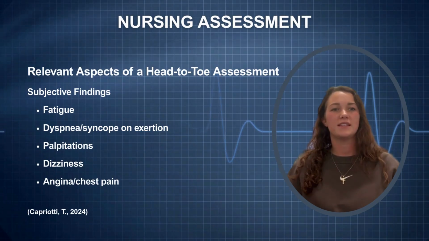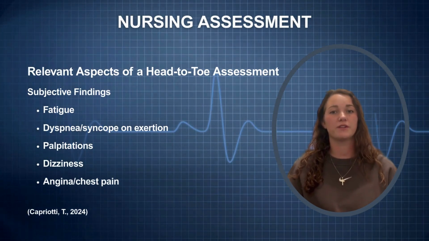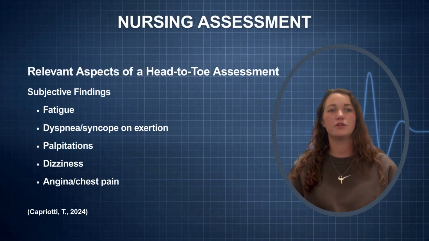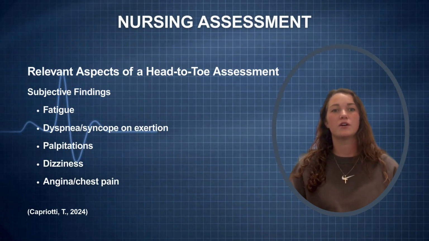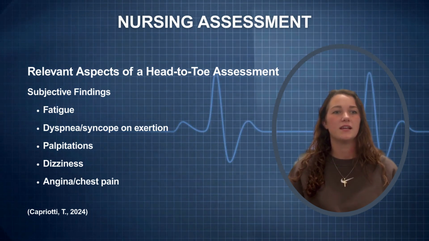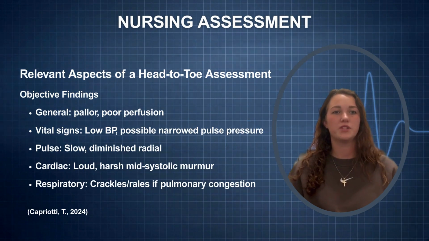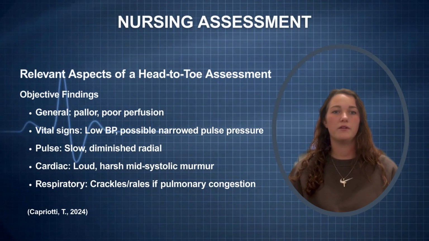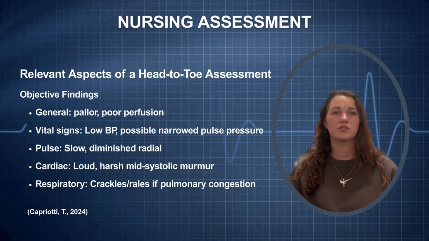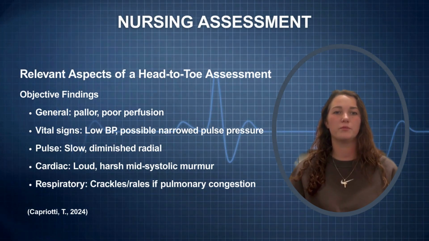When we are assessing a patient with aortic stenosis, we typically start with subjective findings. Common complaints can include fatigue, dyspnea, or syncope with exertion, palpitations, dizziness, and angina or chest pain. On the objective exam, we may notice pallor and other signs of poor perfusion, such as cool, pale skin, delayed capillary refill, and weak peripheral pulses.